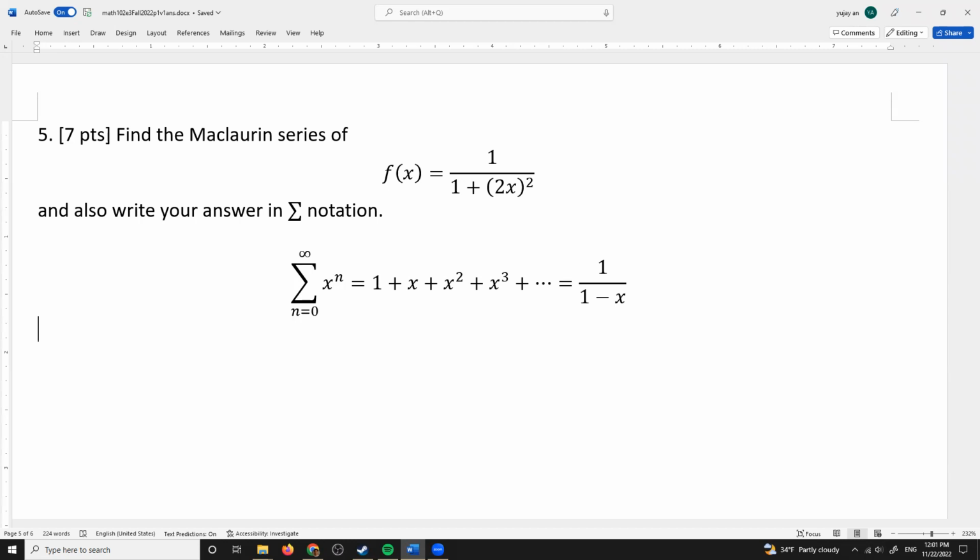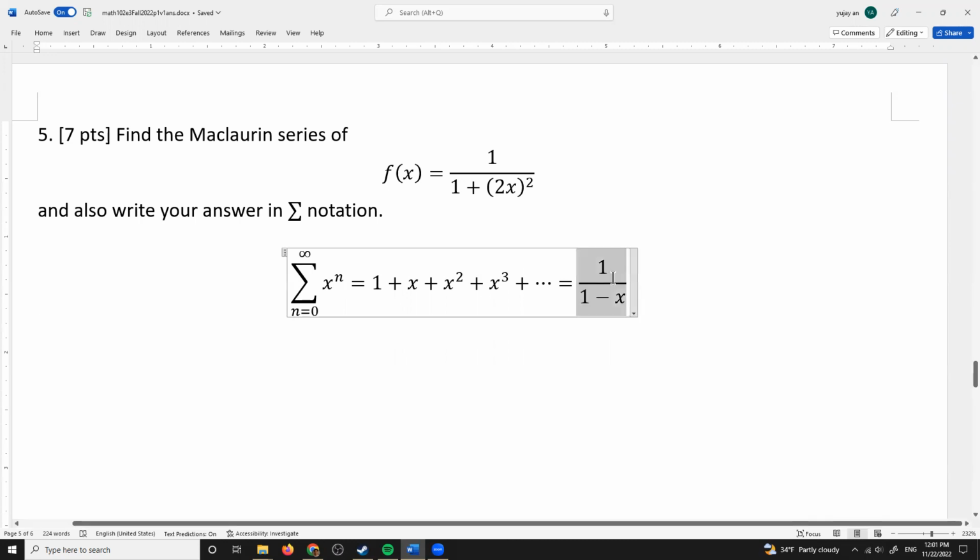Or you can also use a over 1 minus r, because this formula comes from a over 1 minus r. So that could have been another one.